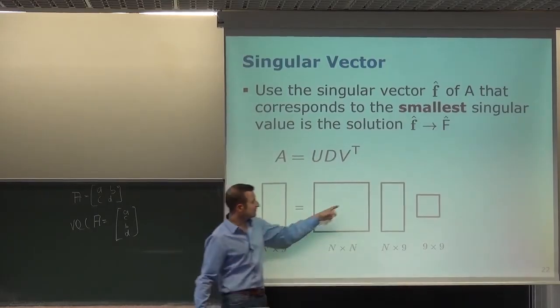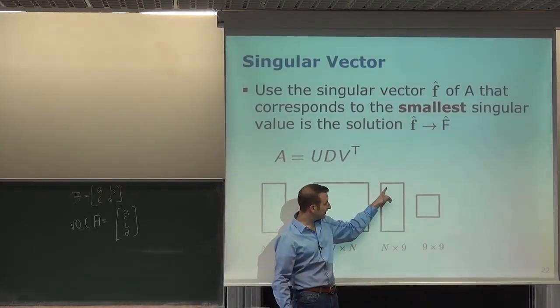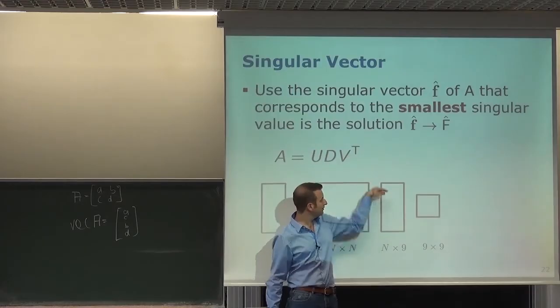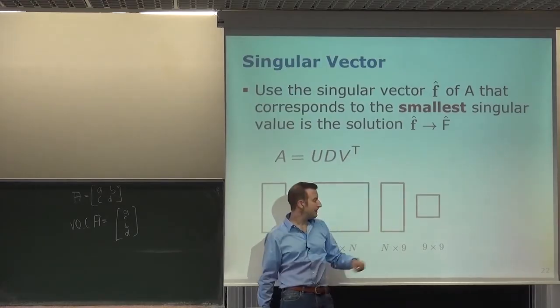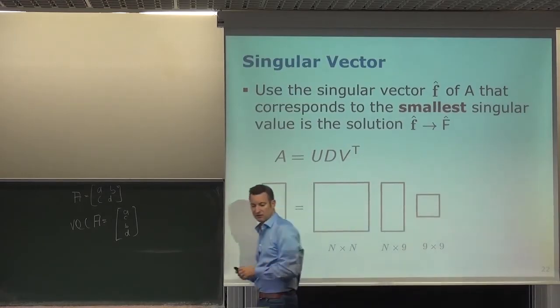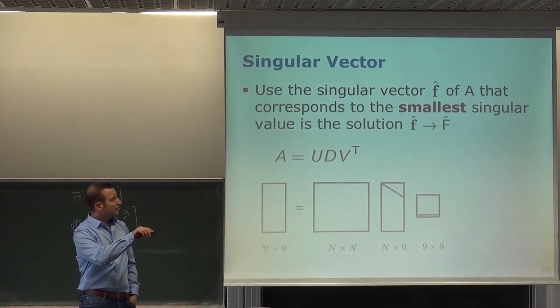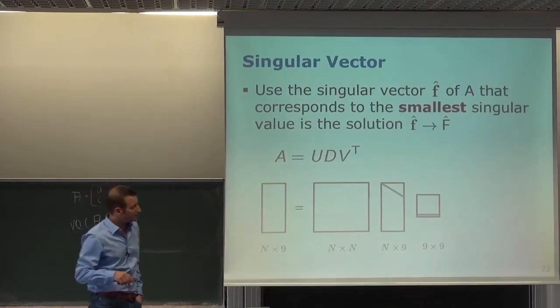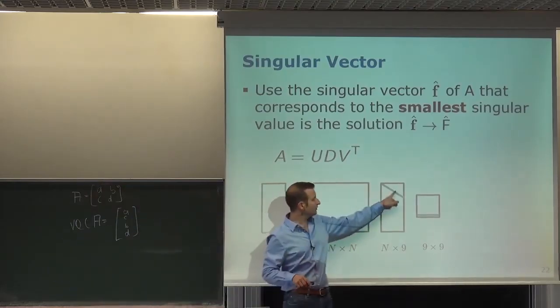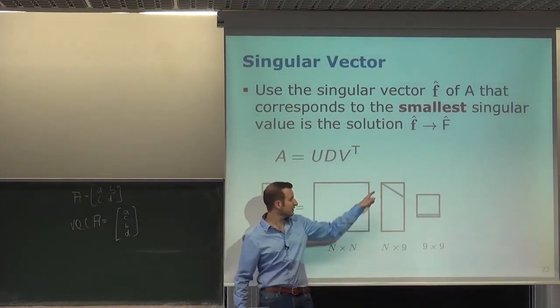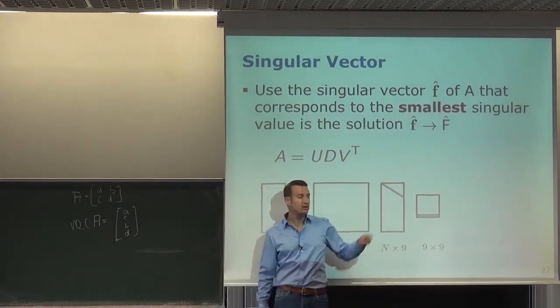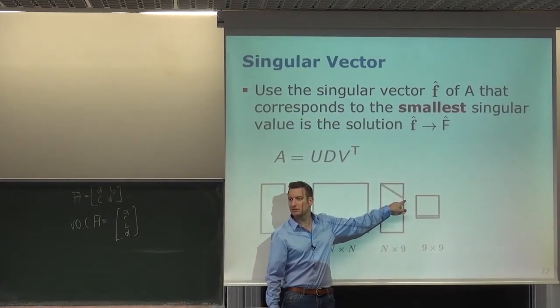I have this matrix D, which looks like this, and here I have the singular values on the diagonal. And I have this 9 by 9 matrix here, V. So what are sitting in here are the individual singular values, and typically, depending on the function that you use, they are sorted, so largest one towards the smallest one down here.